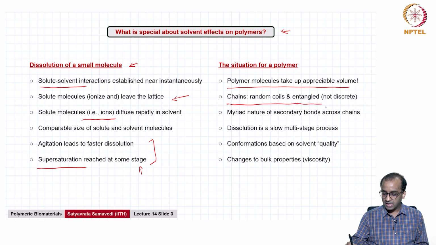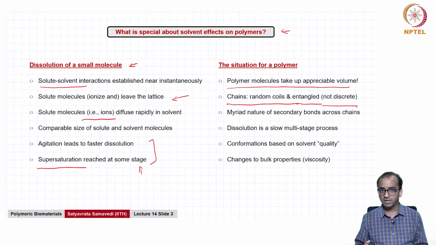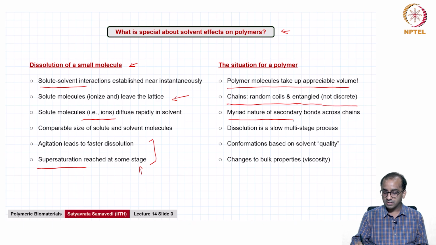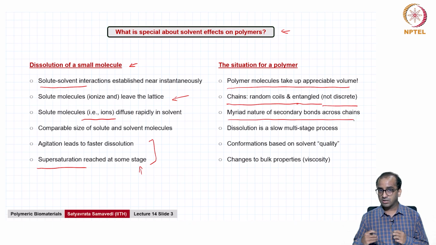And they are not discrete, unlike the ions that we saw in the salt case that can come out and diffuse right away. What's also important is, because these chains are long and the chains can interact, you have a large number of secondary interactions across chains, as we had seen earlier, and that plays a very important role in how quickly or how slowly a polymer will dissolve.